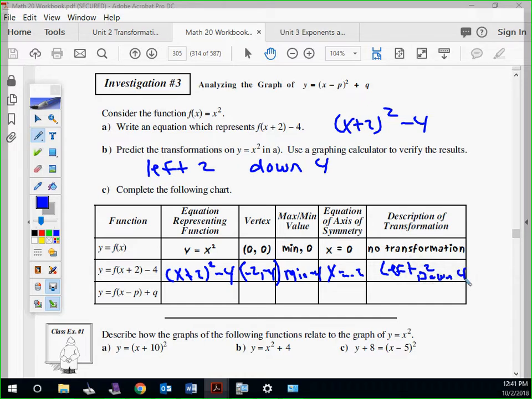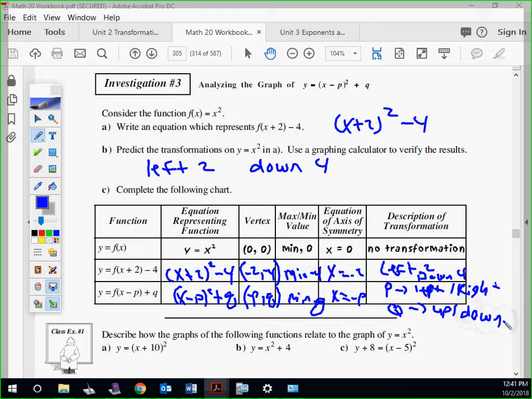Okay. And then let's do the generalities here. Minimum is q, axis of symmetry is -p. P is left and right, but q is up and down.